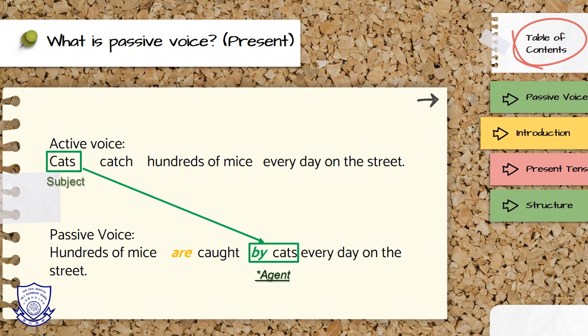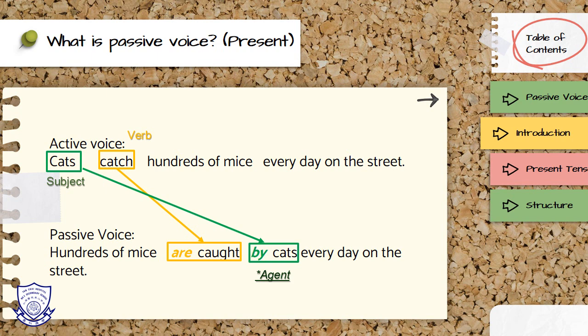It is now put after the verb. And cats, originally the subject, is now known as the agent in the sentence in the passive voice.